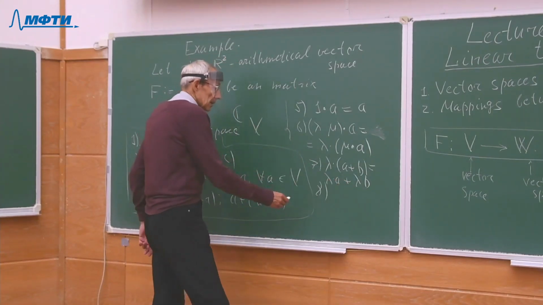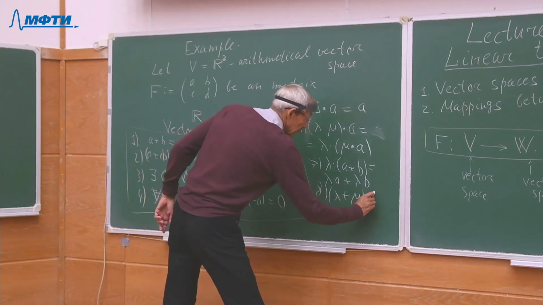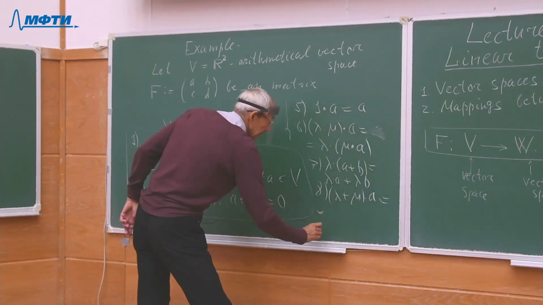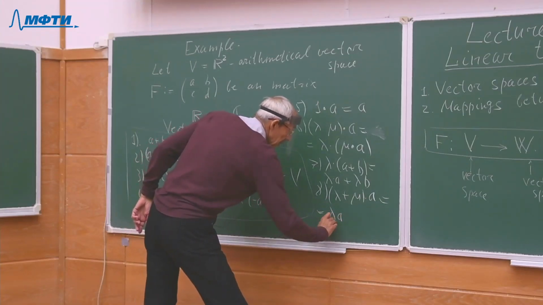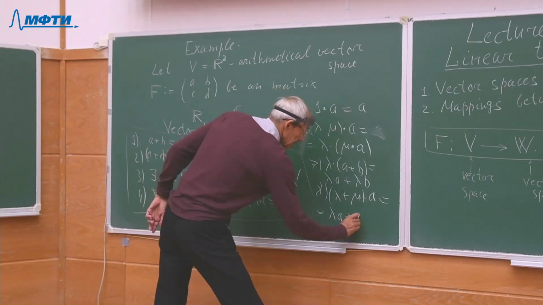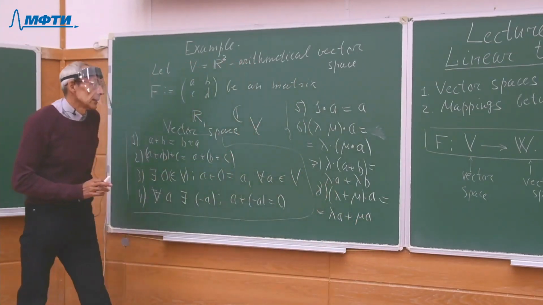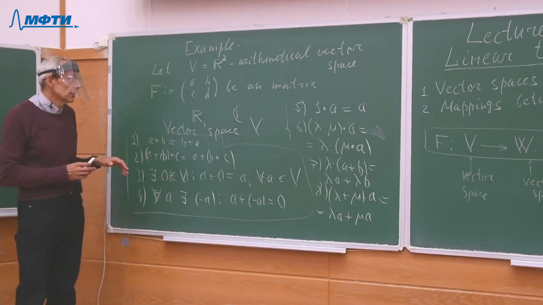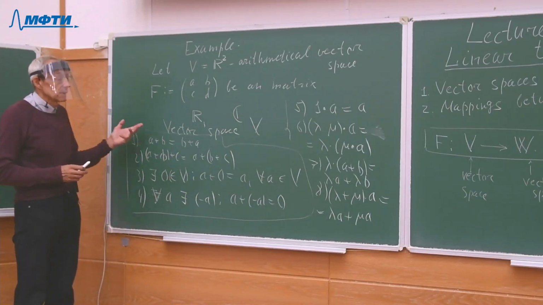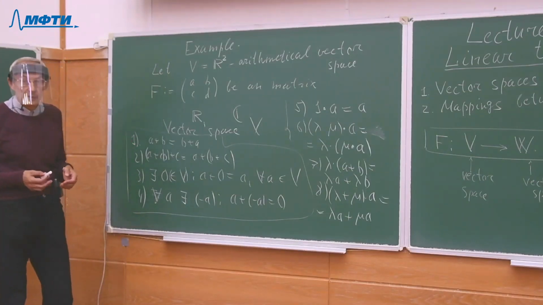And the last axiom: if we have two scalars lambda and mu and multiply by the vector A, we obtain the sum lambda times A plus mu times A. If these axioms are fulfilled on an arbitrary set with the operations, we have a vector space.